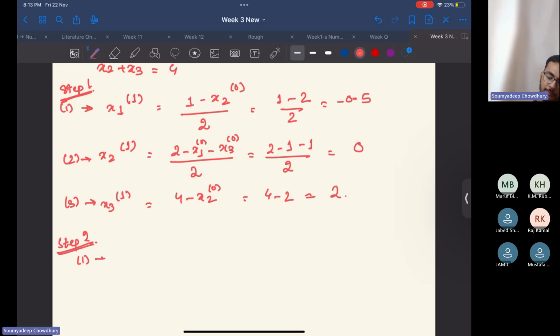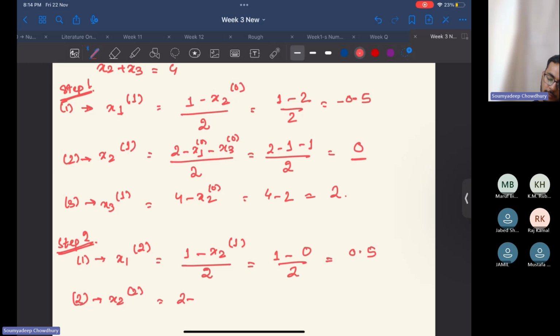Equations will be the same. From the first we get x1 of 2, which is (1 minus x2 of 1) by 2. x2 of 1 in the last step was 0, sir. So (1 minus 0) by 2 is 0.5. Second step, x2 of 2 equals (2 minus x1 of 1) by 2.